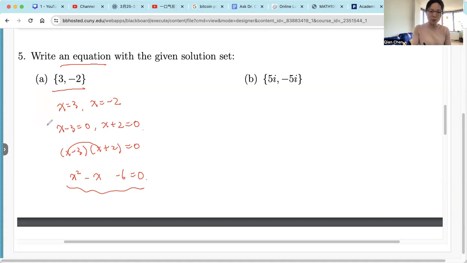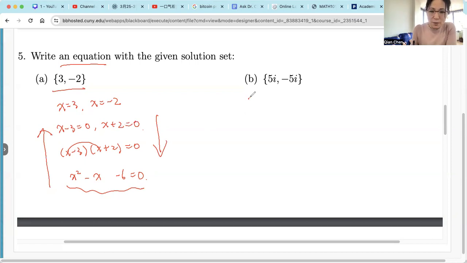So basically you see we're going backward. Usually we go this way to solve the equation, right? If we start with x squared minus x minus 6, we can factor into two factors, x minus 3, x plus 2, then use the zero property to get two solutions. So this just reverses the steps.